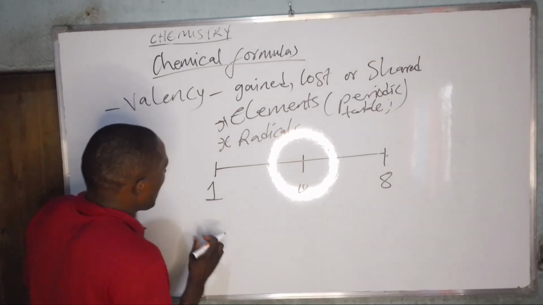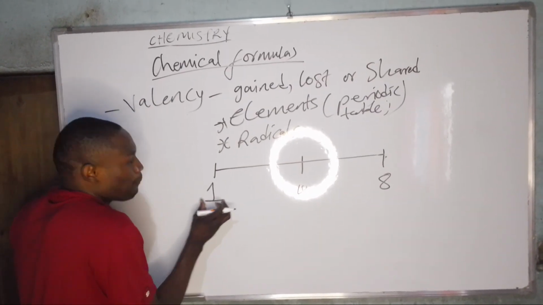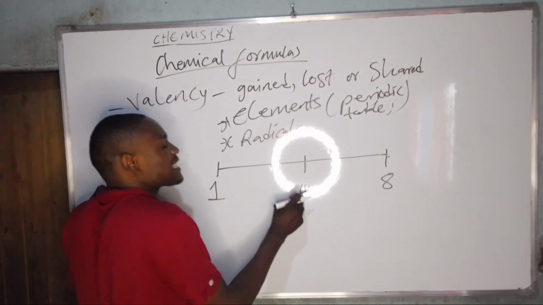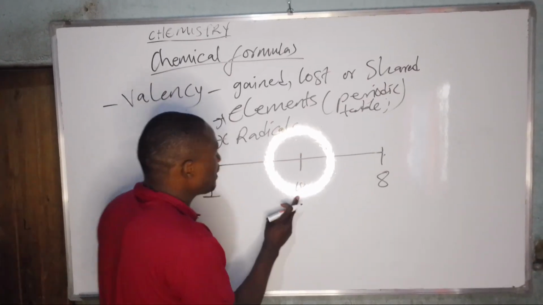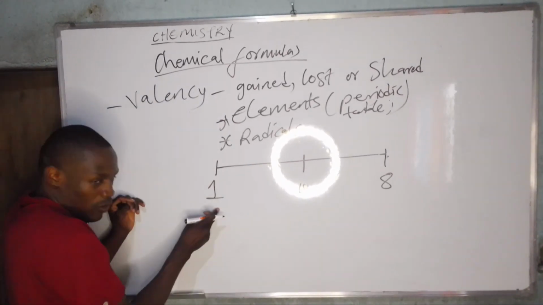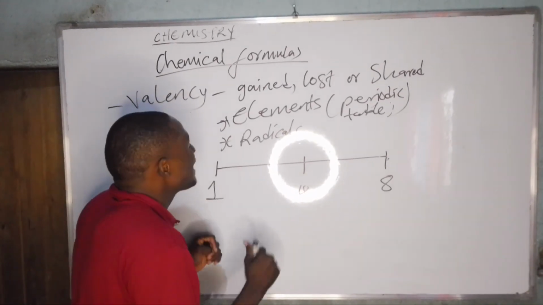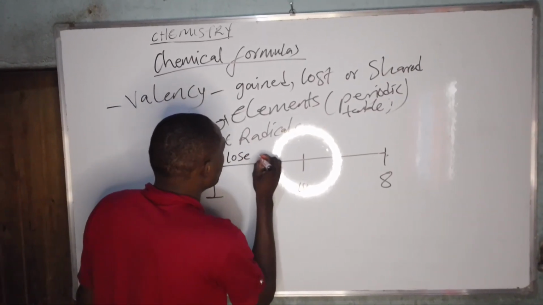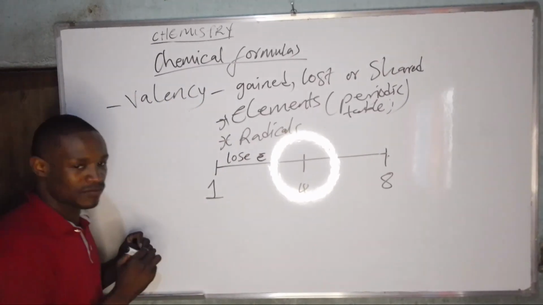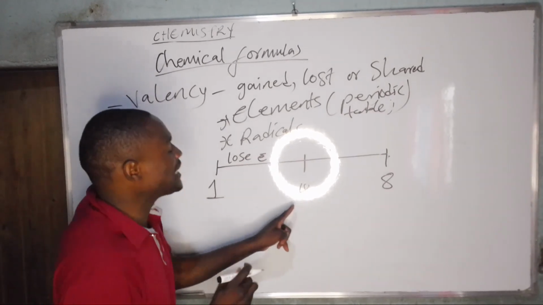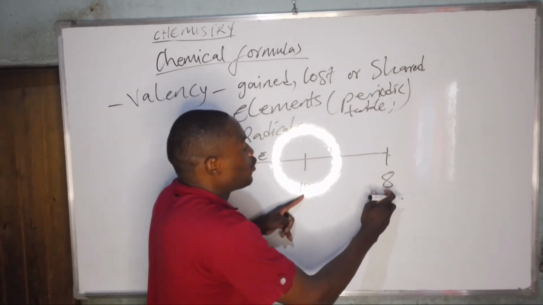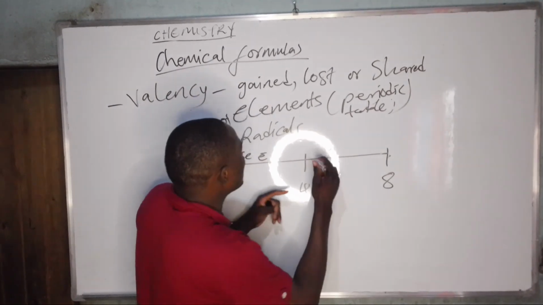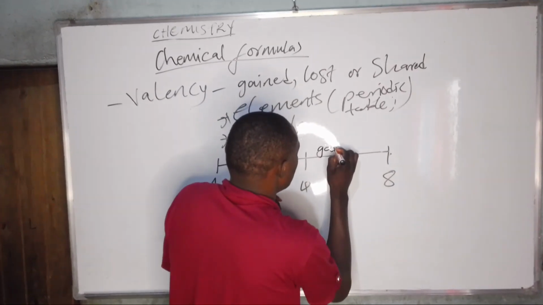For elements which are from group 1 up to group 3 and some in group 4, which means group 4 and below, these elements can only lose electrons. They can lose electrons. Then these which are above 4 up to 7 somewhere there, they can gain electrons.